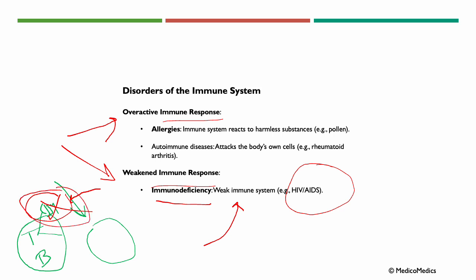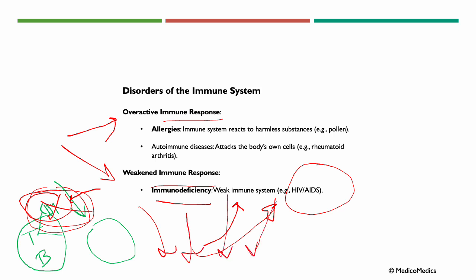And these CD4 cells are vital in the coordination of our immune system. So over time, what happens in HIV is that these CD4 cells go down. The count goes down.